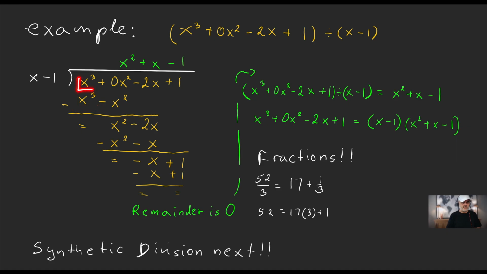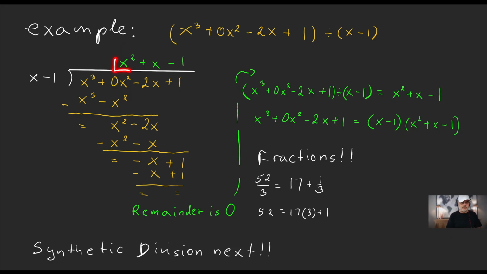Divide first term by first. So x cubed divided by x equals x squared, and you place the answer in the column with second degree terms. See, second degree terms. This is very important to align vertically so that your work is organized and you can have better control of what is going on.